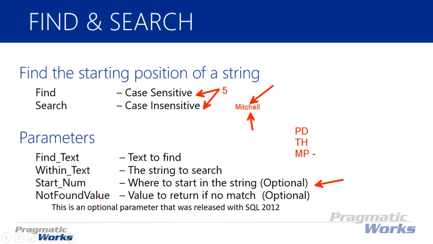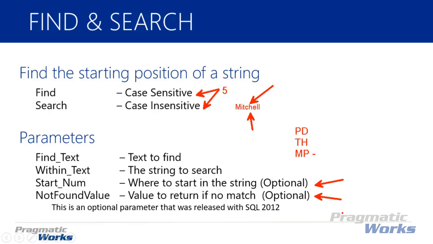The other one is what do you want to return if the value is not found? Now this is error handling essentially. Because previously, before 2012, you did not have this optional parameter. You would have to wrap the find or the search function inside of an isError function. Now, we haven't gotten to error handling yet. We will later on, either in this course or the advanced course. We'll talk about error handling and how to handle that using the error functions.